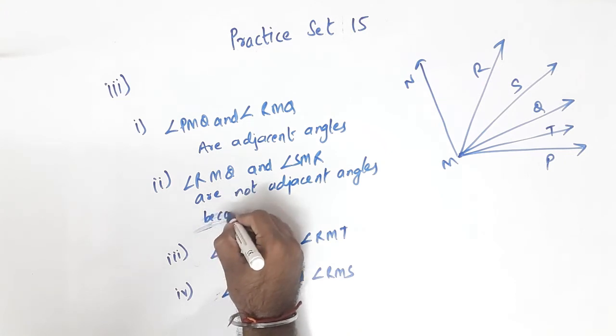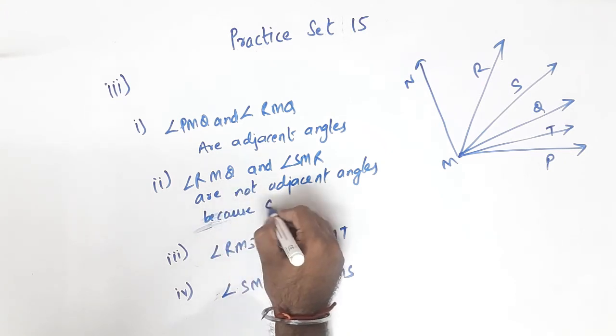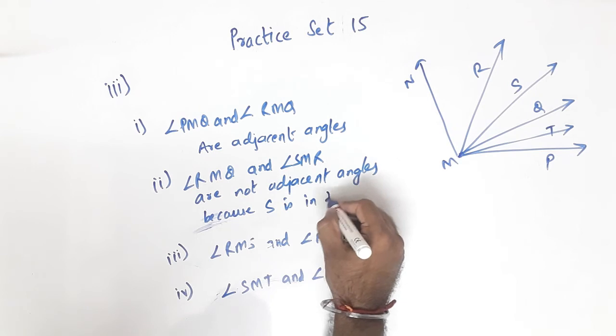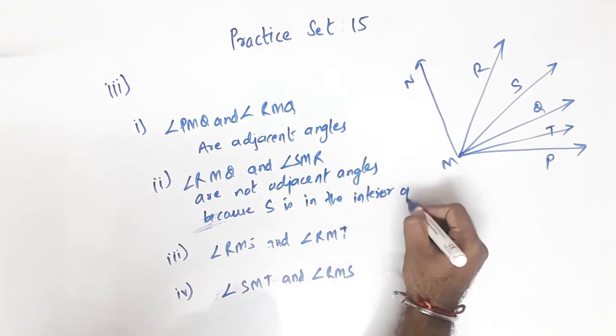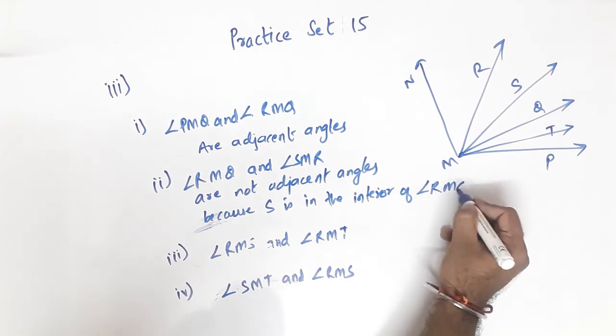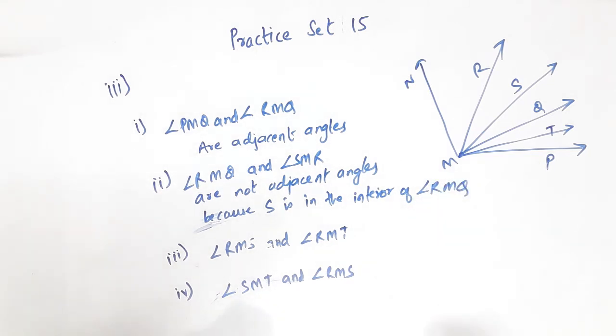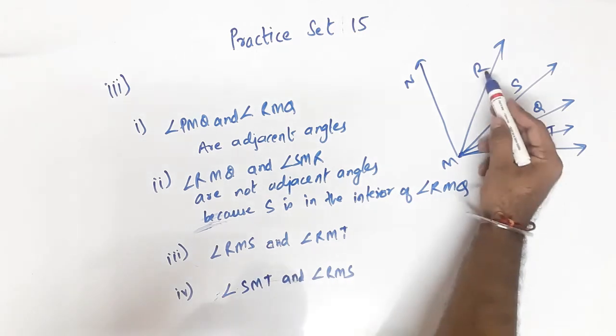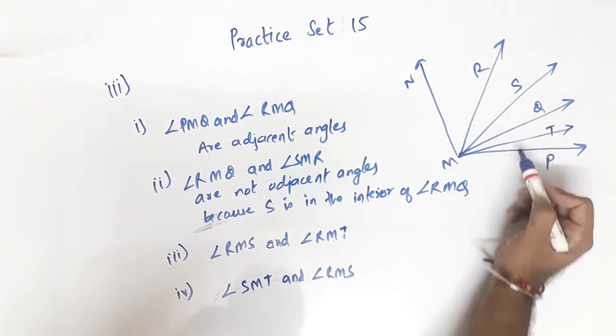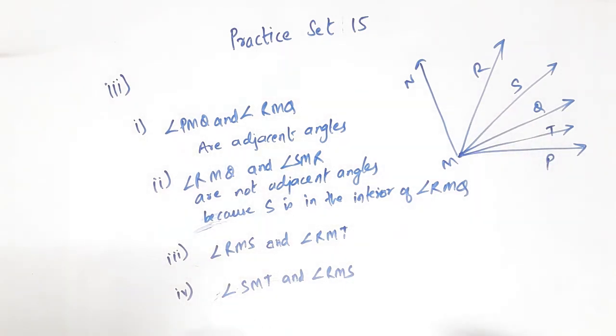Because S is in the interior of angle RMQ. Okay, if one of the side of the angle is in the interior, how can those two angles be adjacent angles?